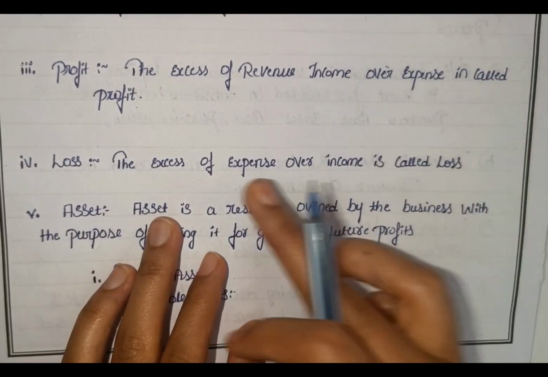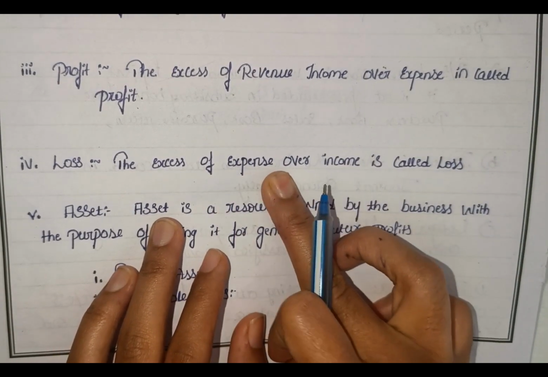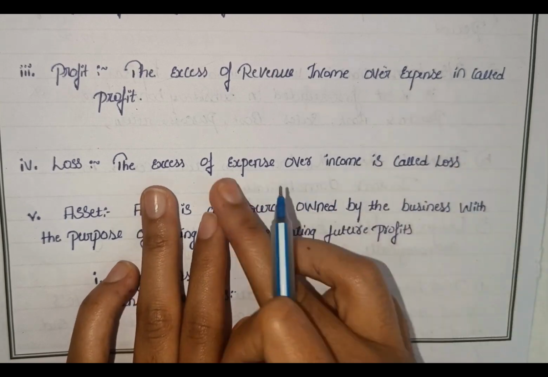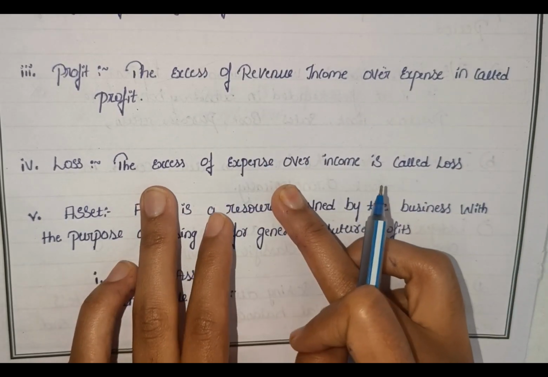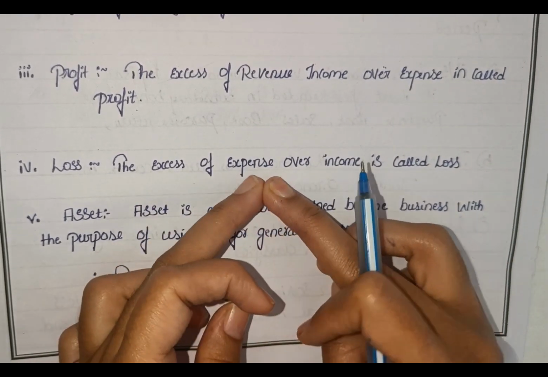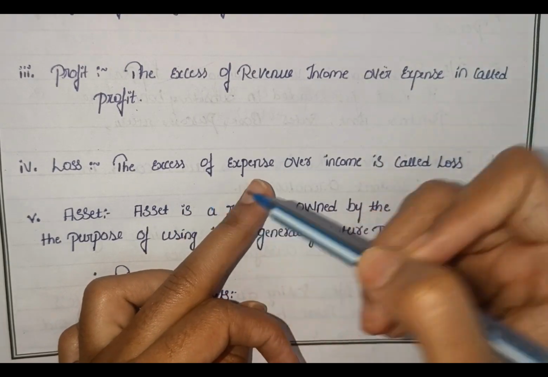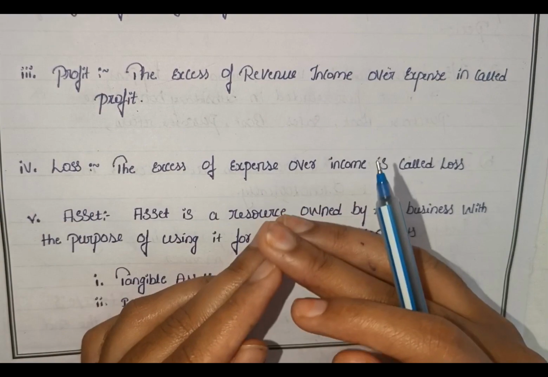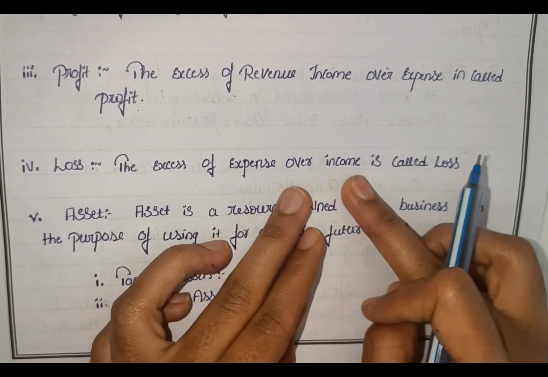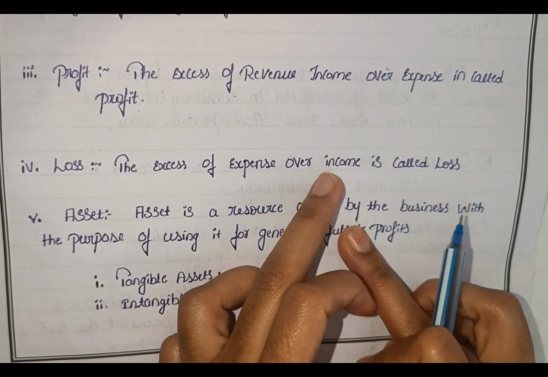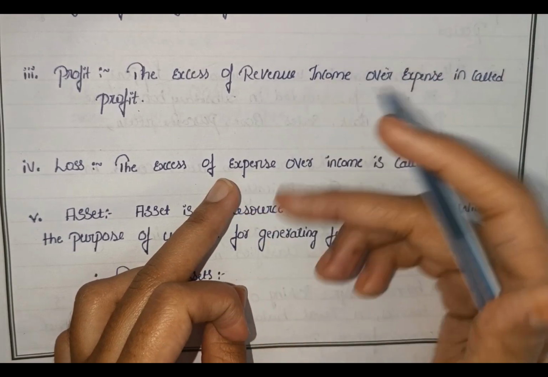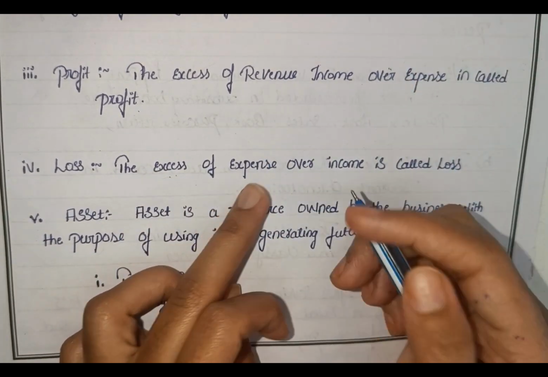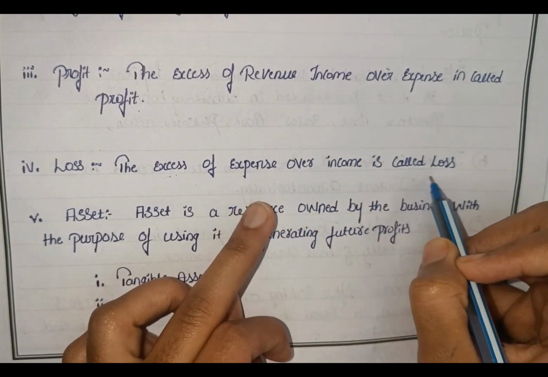Loss: the excess of expenses over income is called loss. During an accounting period, the company makes more expenses than income. They generate less income, but they have to pay the excess expenses. So that's why the company makes a loss.